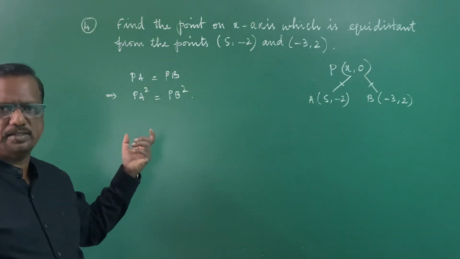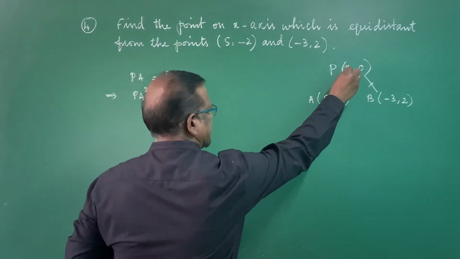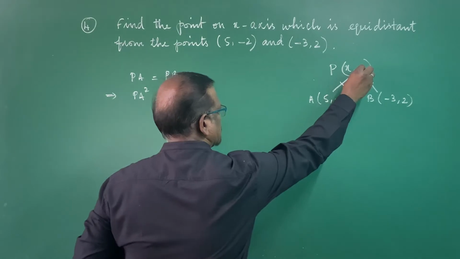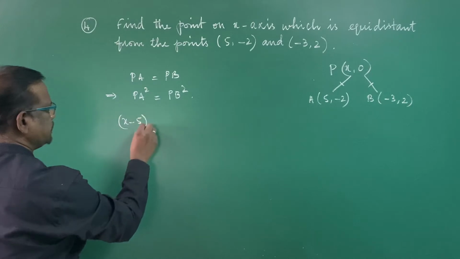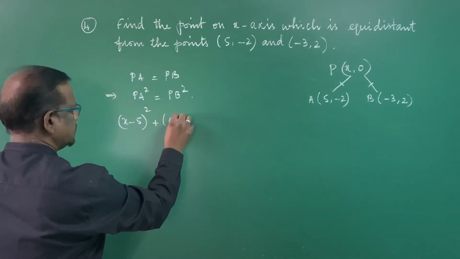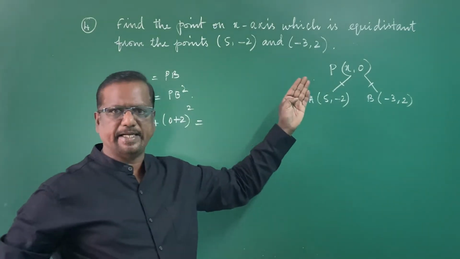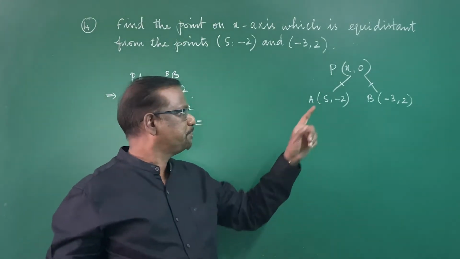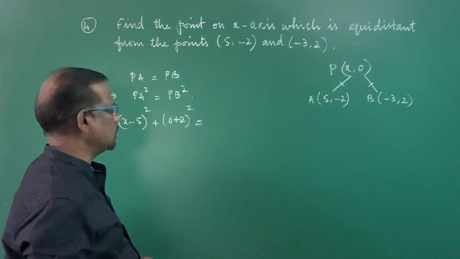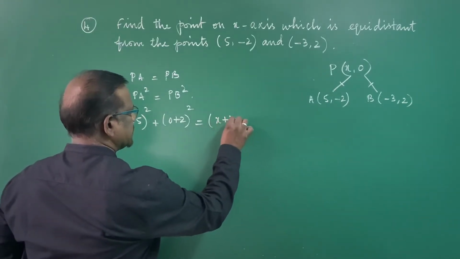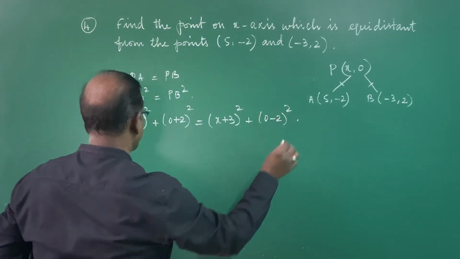First, let us write the left hand side in terms of P and A. So it is (x2 minus x1) whole square plus (y2 minus y1) whole square. In other words, it is (x minus 5) whole square plus (0 plus 2) whole square, that is equal to, let us write the right hand side in terms of P and B, (x2 minus x1) whole square plus (y2 minus y1) whole square, that is (x plus 3) whole square plus (0 minus 2) whole square.